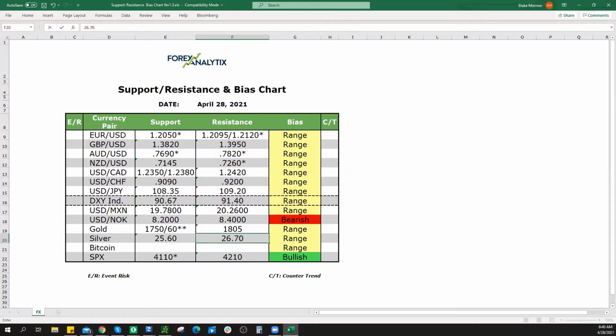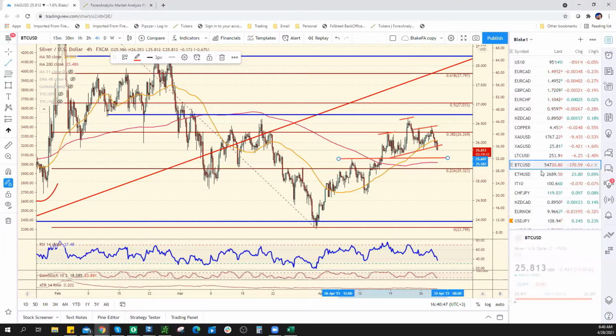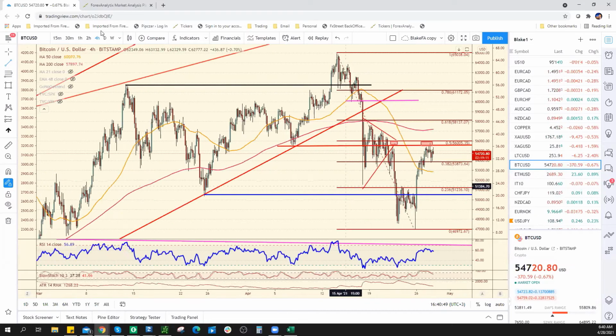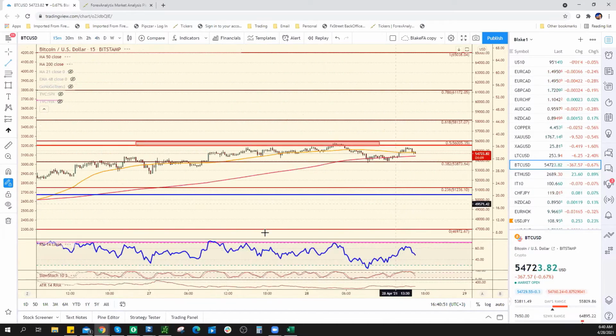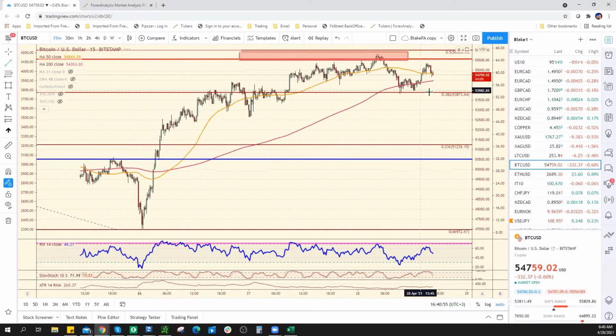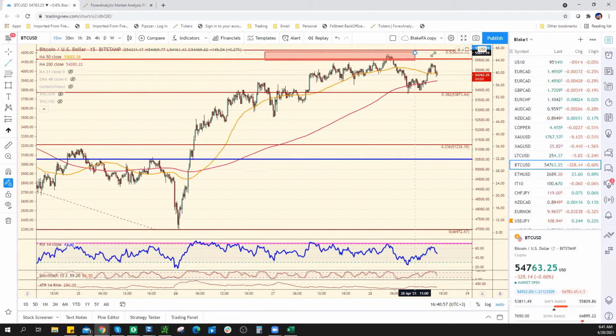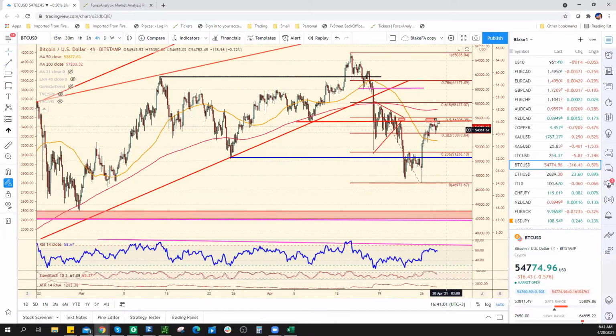Okay, Bitcoin. A little earlier Bitcoin was screaming higher, and then it came off again. Resistance for Bitcoin is the 50% retracement at 56K, as you guys know.